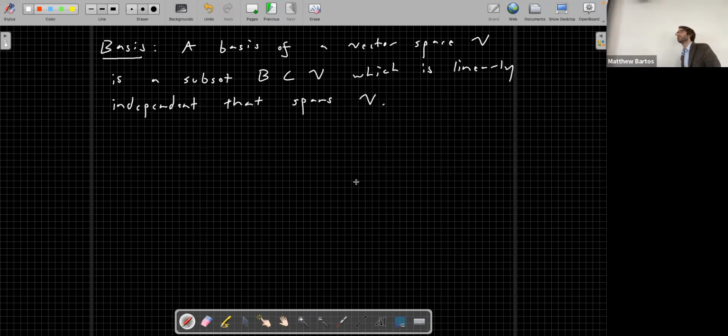Okay, so what does this mean? What is a basis? A basis is essentially a collection of vectors in your vector space that is linearly independent and that spans V. In other words, you have a basis which consists of some collection of vectors that lie in V, you can scale those vectors by some set of scalars and add them together and reach any point in your vector space V. So it provides a way of reconstructing any vector in your vector space by scaling them and adding them together.